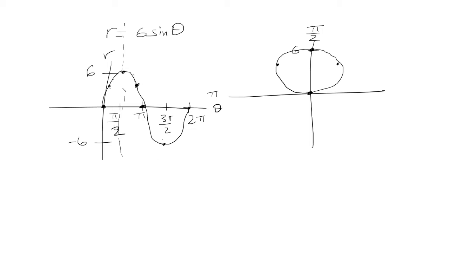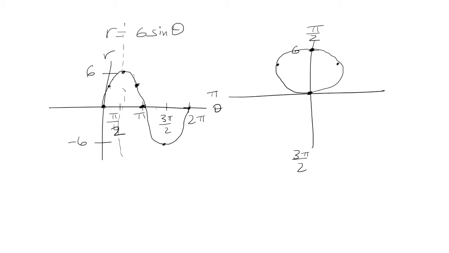Okay, now what happens from pi to 2 pi? Or rather pi to 3 pi over 2. At 3 pi over 2, it's negative 6. Well, if it was positive 6, it would be down here, but because it's negative, we have to go back up here. So pi is 0.